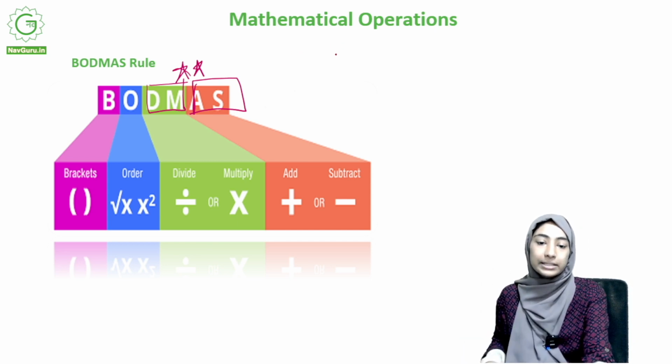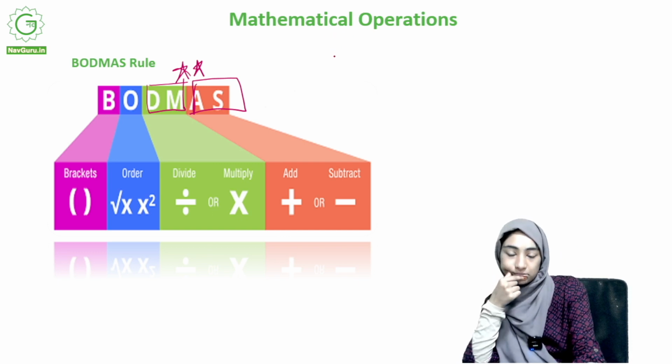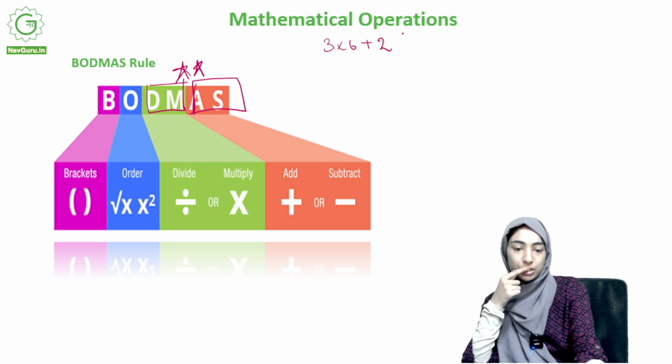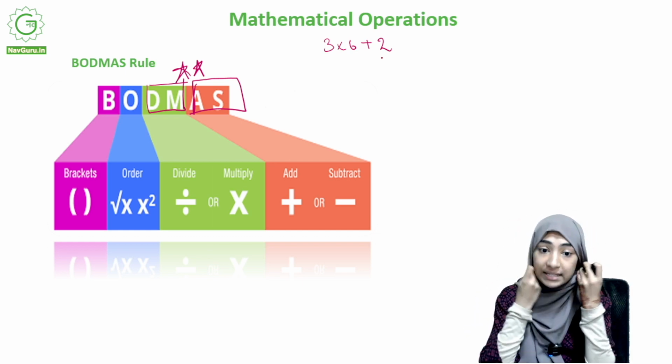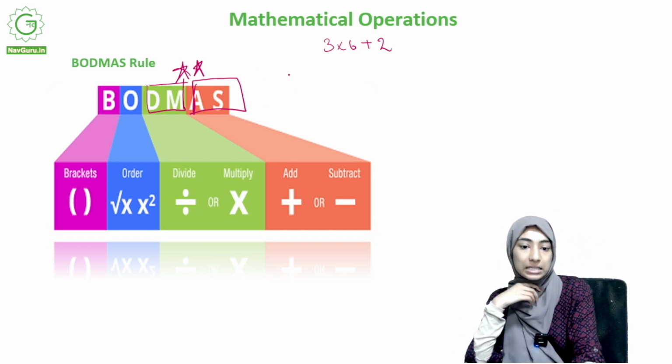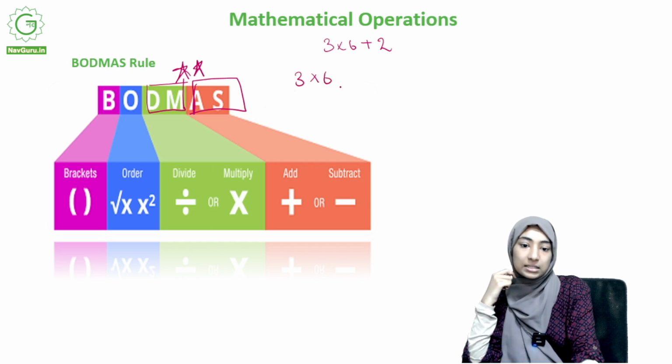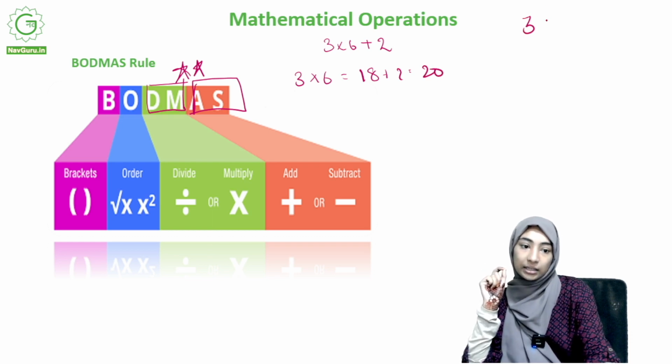Basically, let's say 3 into 6 plus 2. Okay, now this can be found out in two ways. Either you could write it as 3 into 6, that is 18, plus 2, which gives you 20, or you can write it as 3 into (6 plus 2), which is 3 into 8, which is 24.